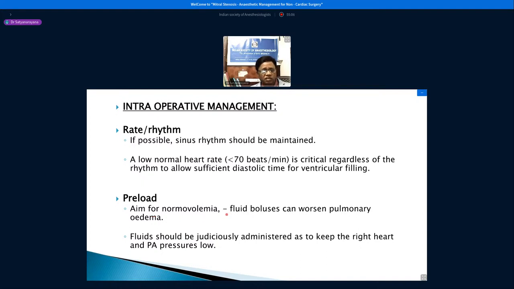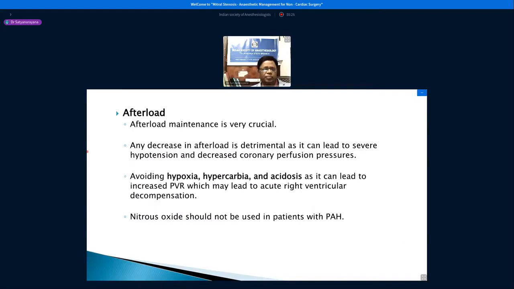But bolus fluid can worsen the pulmonary edema. Remember that. You should not give a gush of blood because of hypotension. Suddenly you push a fluid, but you can find the patient landed in a pulmonary edema. Fluid should be judiciously administered to keep the right heart and PA pressure within the lower pressure range.